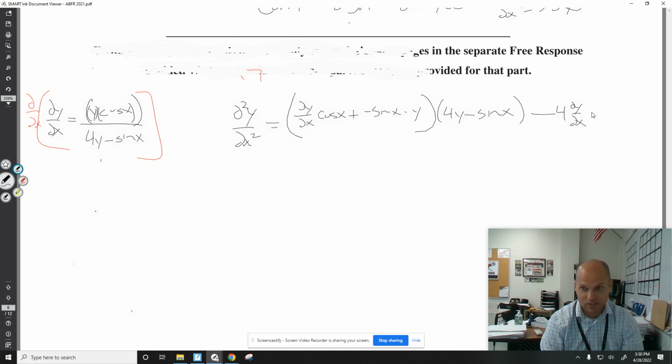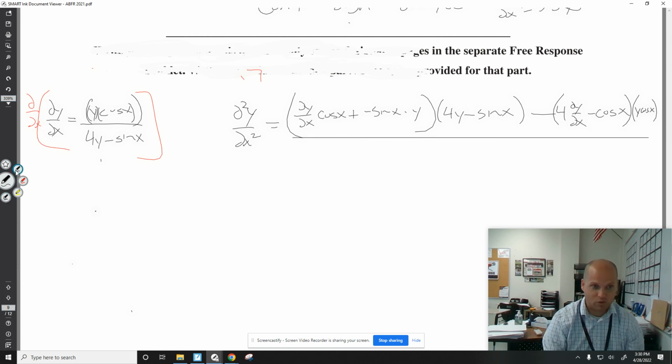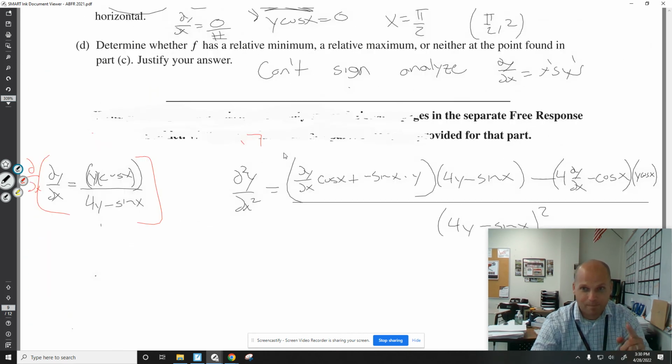They'll give you a lot of space for this. Put that in a big set of parentheses, times the top, all over the bottom squared. You are figuring this out at pi over 2, 2.